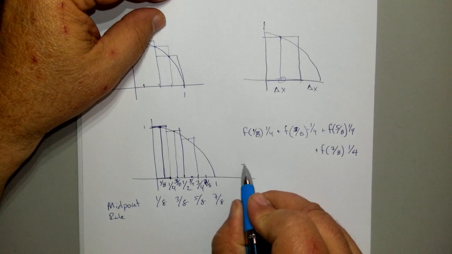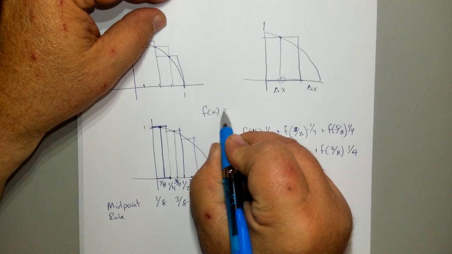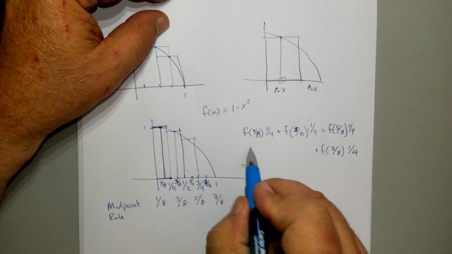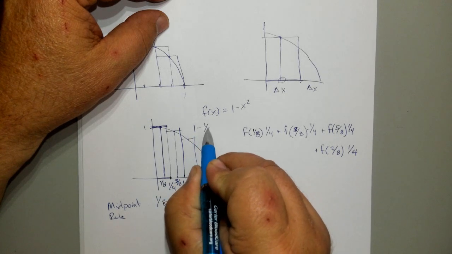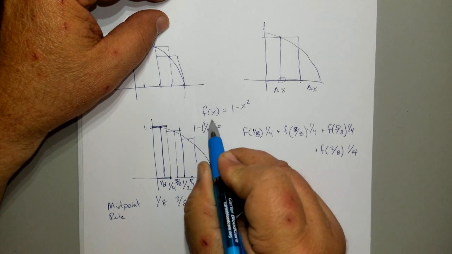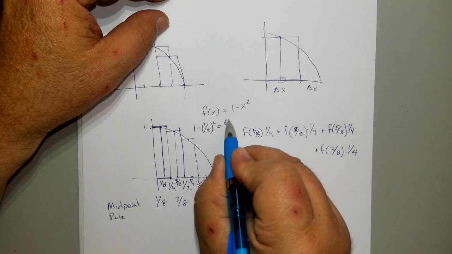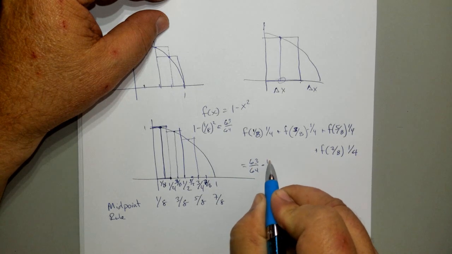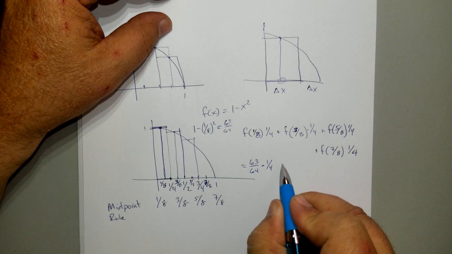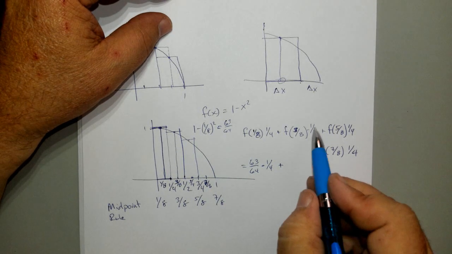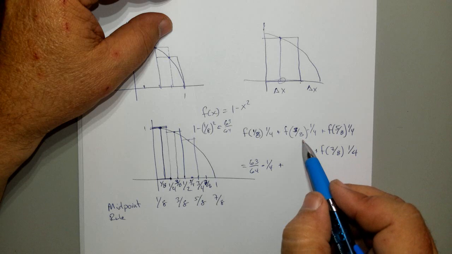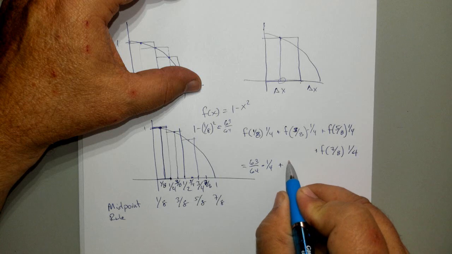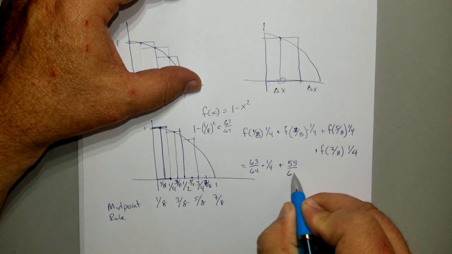So let's see what this one looks like. The function's still the same. It's 1 minus x squared. So for the first one, we have 1 minus 1/8 squared over 64. So 63/64 is this one, times 1/4. Nine over 64, 55/64.